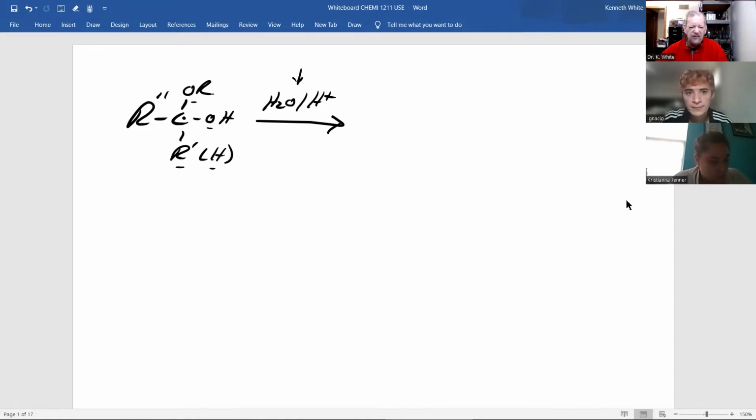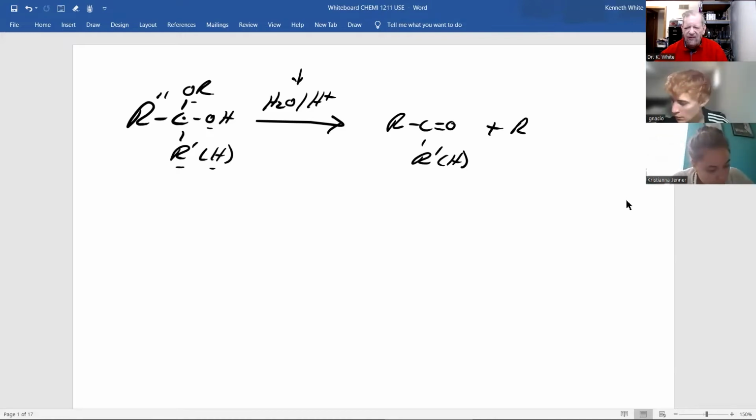When you add acid and water, you get back the aldehyde or ketone you would have used to make that compound, plus the alcohol you would have used to make that compound. And again, keep your eye on this carbon with the two oxygens; it becomes the carbonyl carbon. Think of it as this reversing, making the hemiacetal or hemiketal.